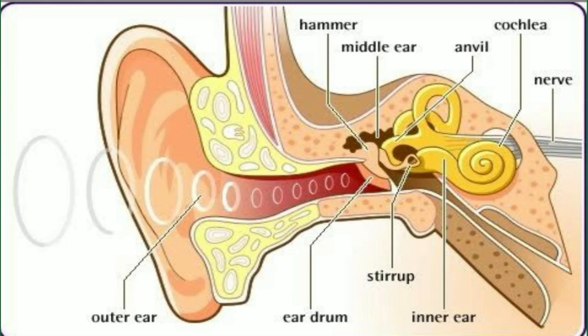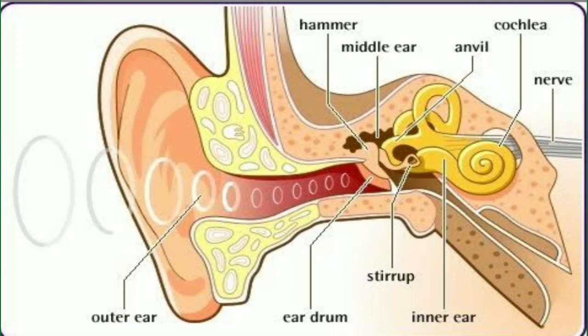The middle ear contains three small and delicate bones called hammer, anvil, and stirrup. These ear bones are linked to one another. One end of the bone called hammer is touching the eardrum, and the other end is connected to the second bone called anvil. The other end of anvil is connected to the third bone called stirrup. They are all interconnected.